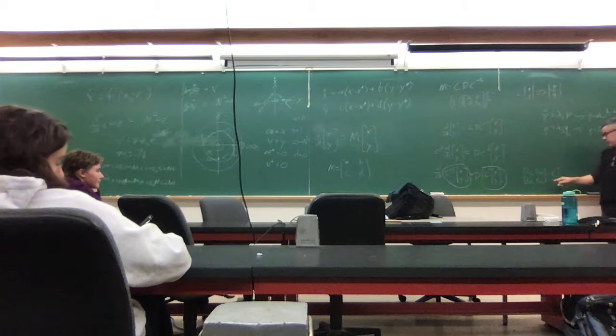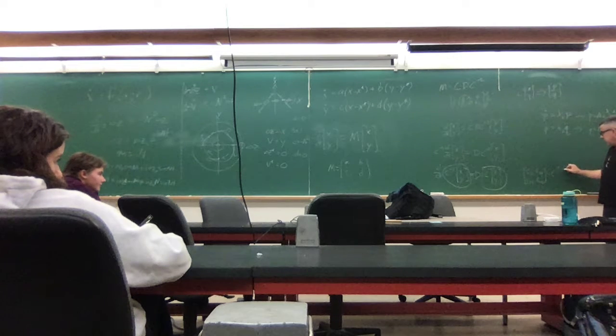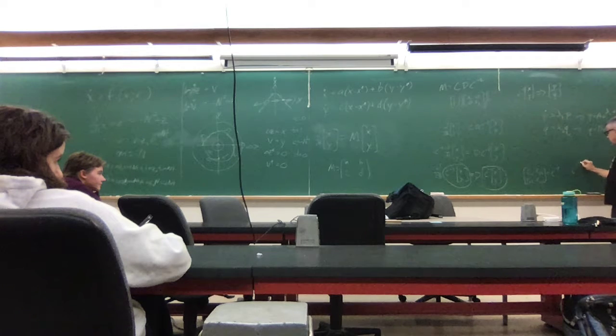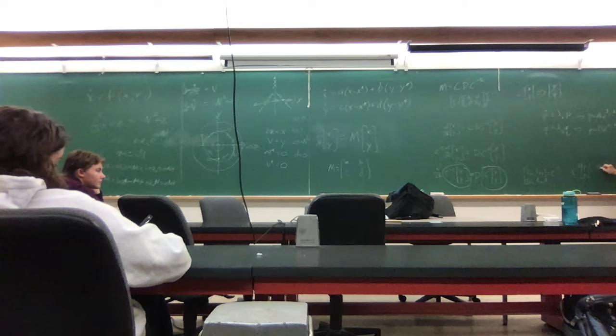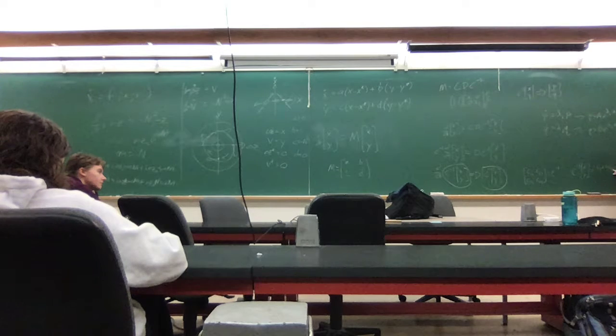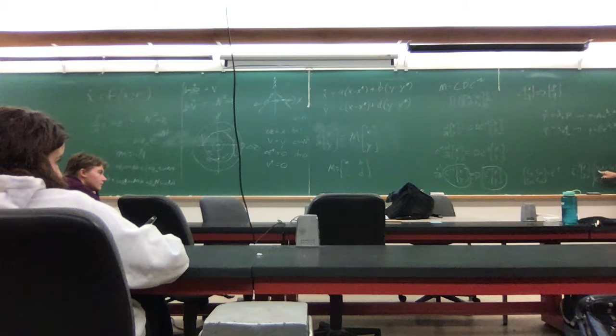But if I multiply this times (x, y), then I find C inverse (x, y) is equal to C11 times x plus C21 times y, C12 times x plus C22 times y. And these are just constants.